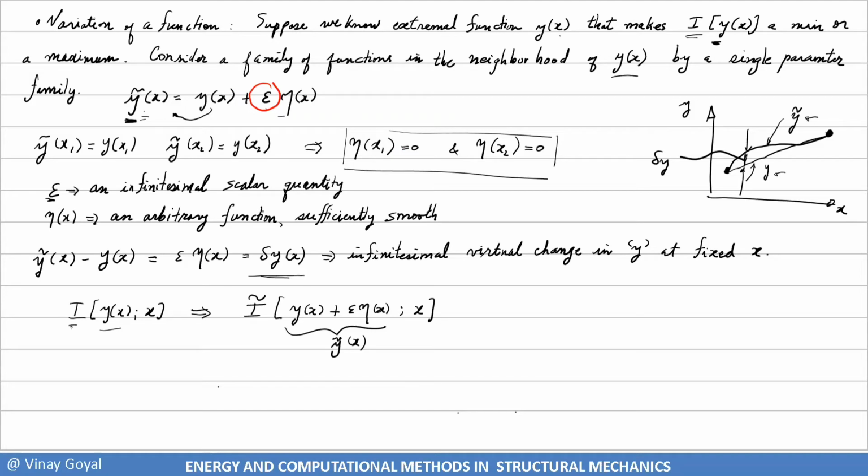Hopefully that's clear. I want you to notice how I tilde has become a function of epsilon. I can now study what is going on near epsilon equals 0, because when epsilon equals 0, y tilde collapses to y.